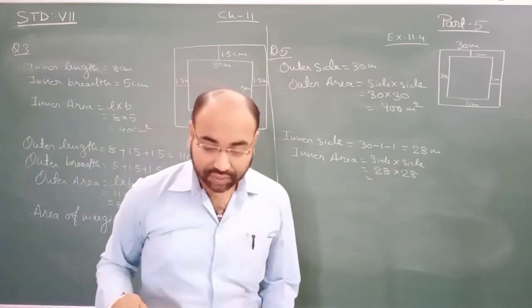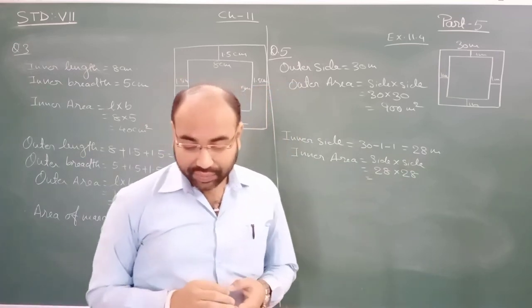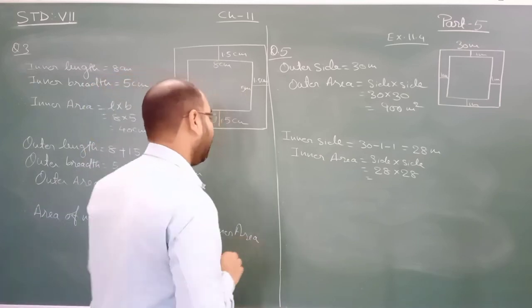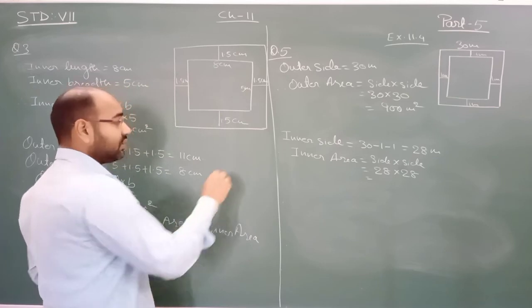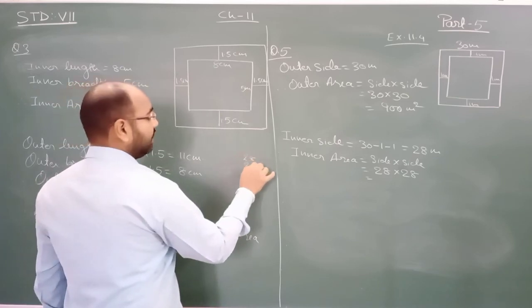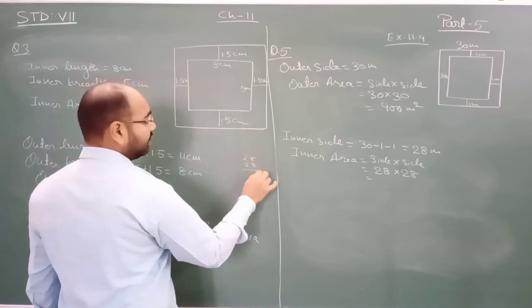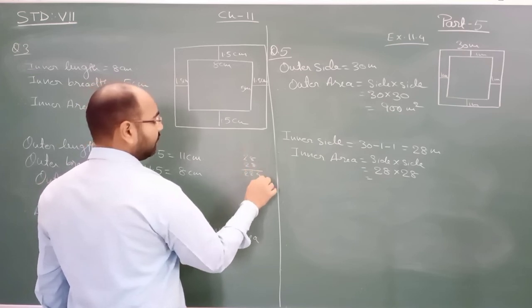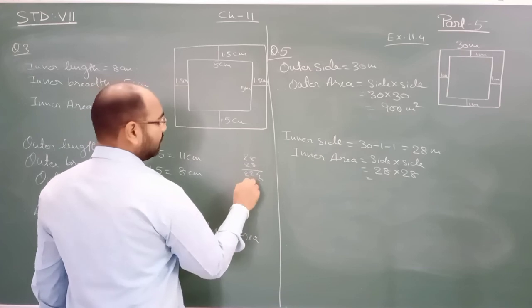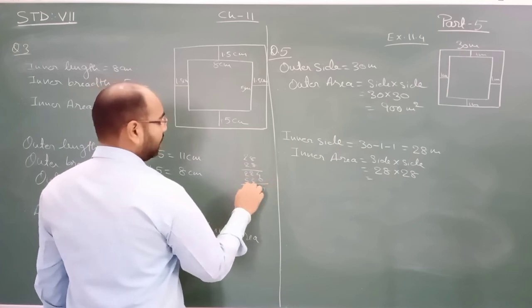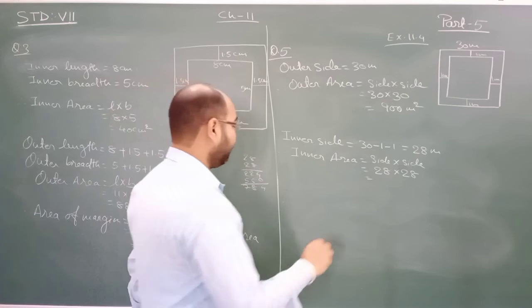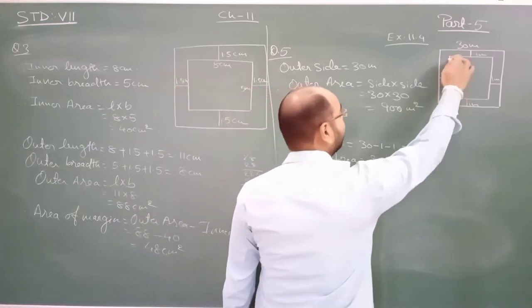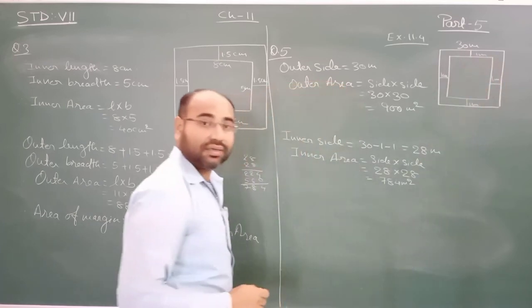You have to find out, and you know 28 into 28 कितना होगा। I had already made you to write down the squares ना, so 28, 8 8s are 64, 6 8 2s are 16 plus 6 is 22, 16 4 8 and 784 will come, so 784 meter square is the area of the inner square.